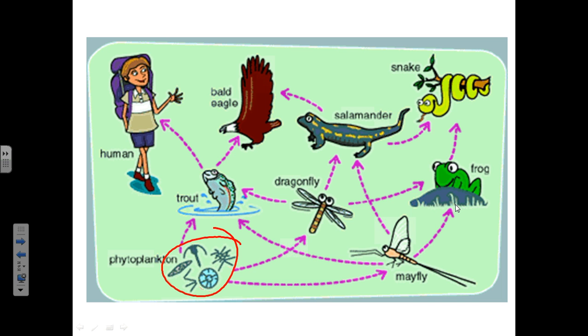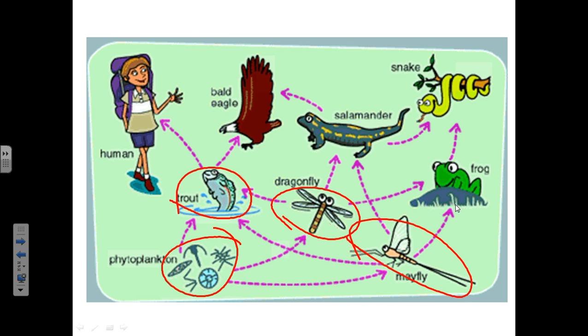Now if you look at it, what kinds of things in this diagram eat phytoplankton? All right, the trout, the dragonfly, and the mayfly, all three of those eat the plankton. So we might call those primary what? Consumers. Things that eat producers are called consumers. So these are the first consumers. We're going to call those the primary consumers.